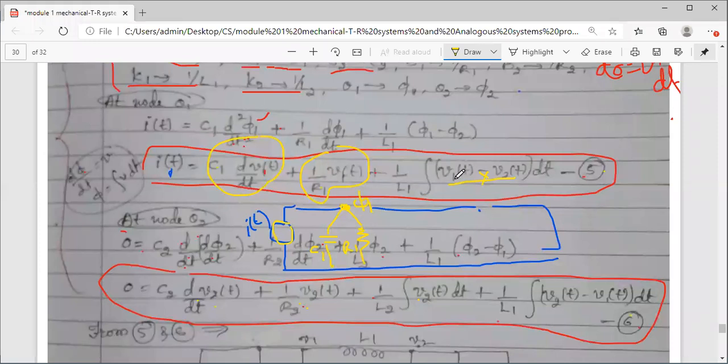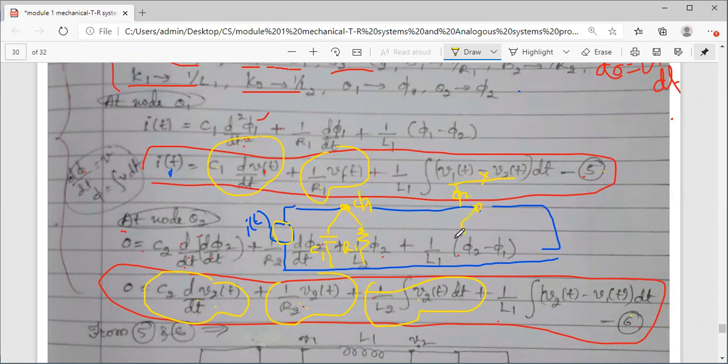Now coming to node 2, I want those elements which are having purely V2 terms. Check, C2 you have, R2 you have, 1 by L2, L2 you have. So three terms are there, C2, R2 and L2. So where is the node? Here it is, phi 2. If I take this as phi 2, from this I want three different elements.